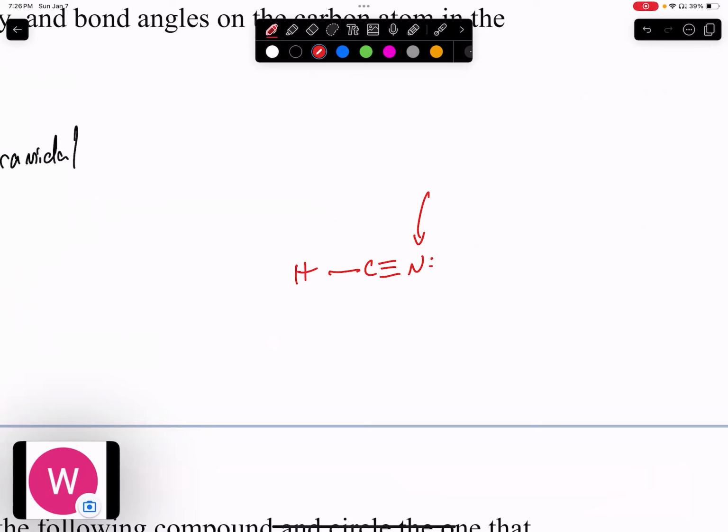Whoever asked the question, what would you say? What's the hybridization state? SP2? No, it's SP, because there's only two groups: the triple bond and the lone pair. In fact, both of these are SP.